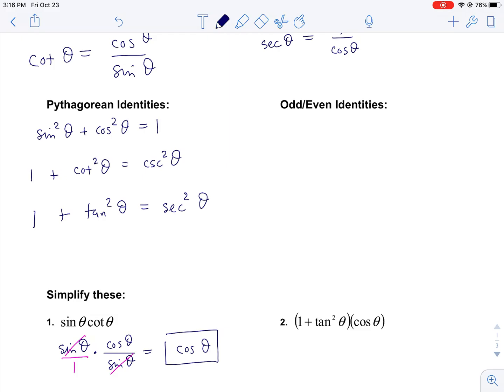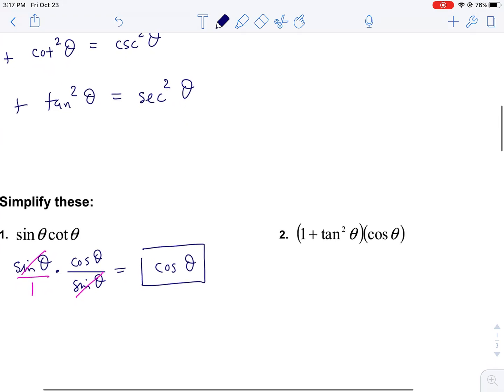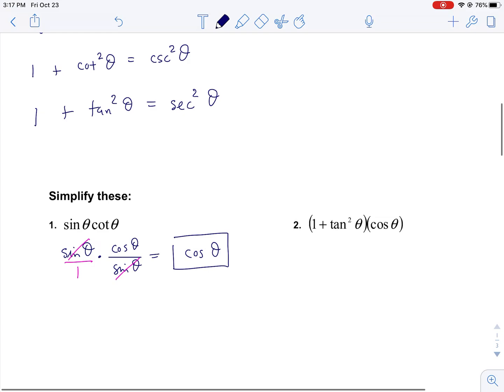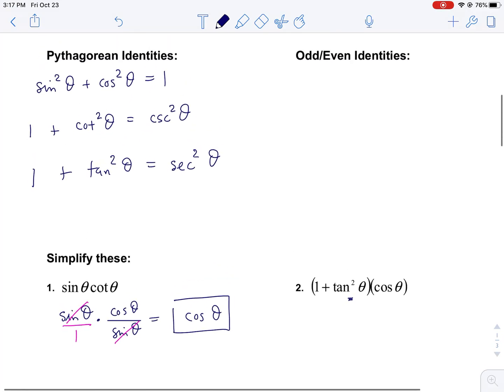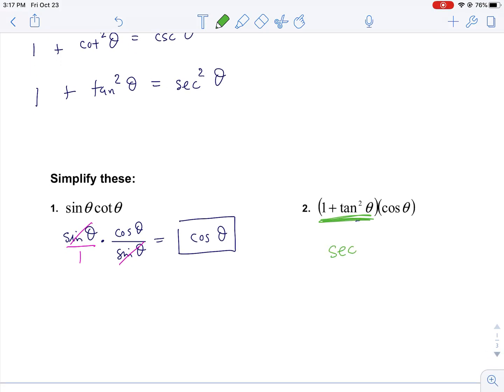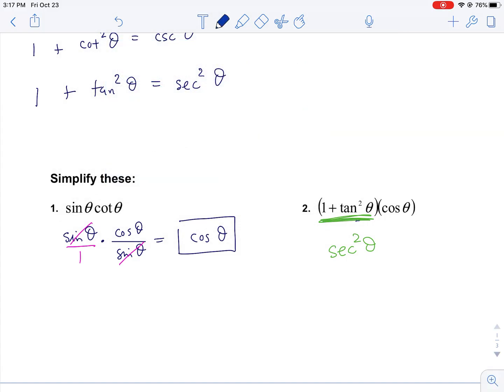Pretty simple. Example 2 says 1 plus tangent squared multiplied by cosine. Whenever I see a square, I look to my Pythagorean identities. It's staring you in the face there. That 1 plus tangent squared, and I'll highlight this in green, is the same as secant squared. We just proved that. And I still want to multiply it by cosine.